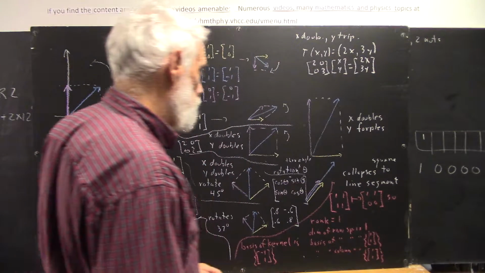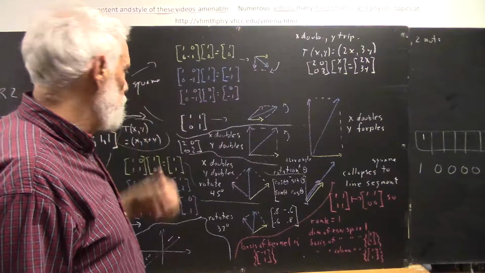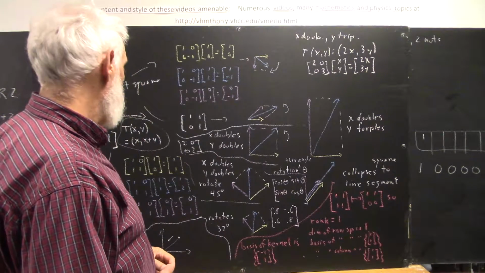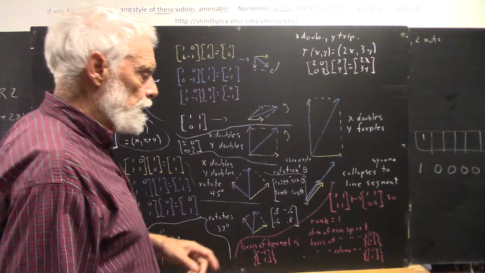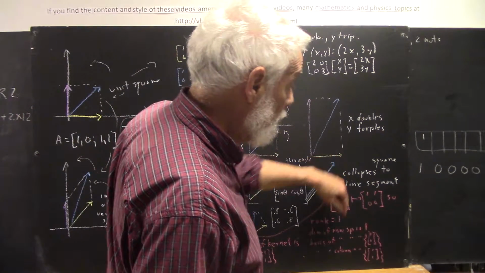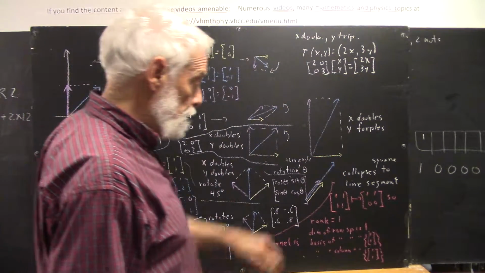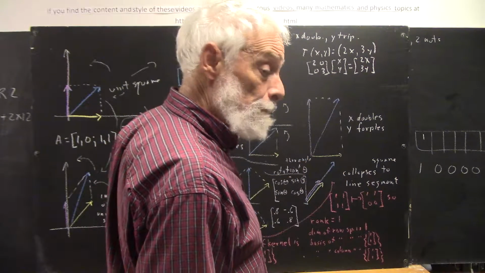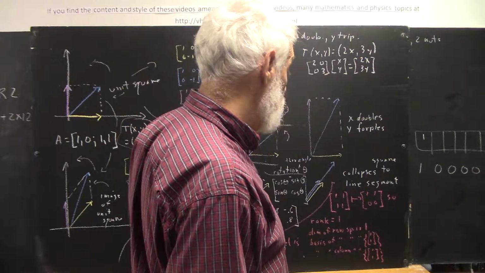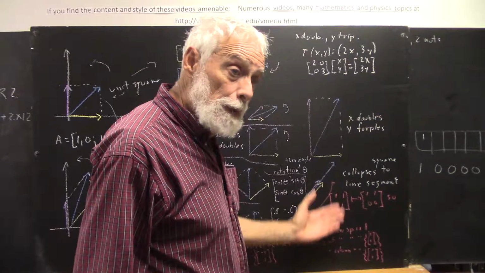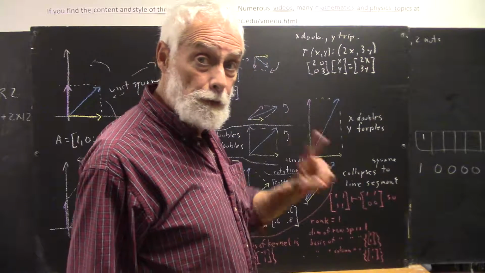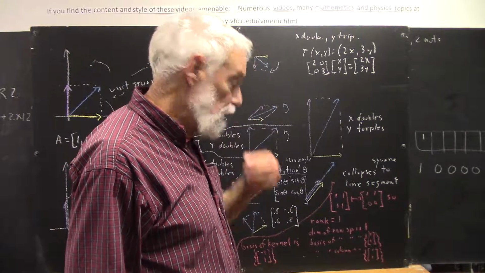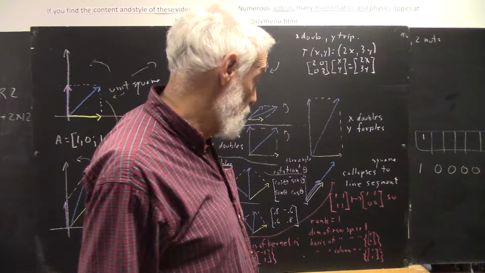Now there's one transformation that does something a little different. It's the transformation given by this matrix, the matrix 1, 1, 1, 1. All the entries are the same. Well, clearly this matrix reduces to this, meaning that the rank of the matrix is 1, and the column space has dimension 1.